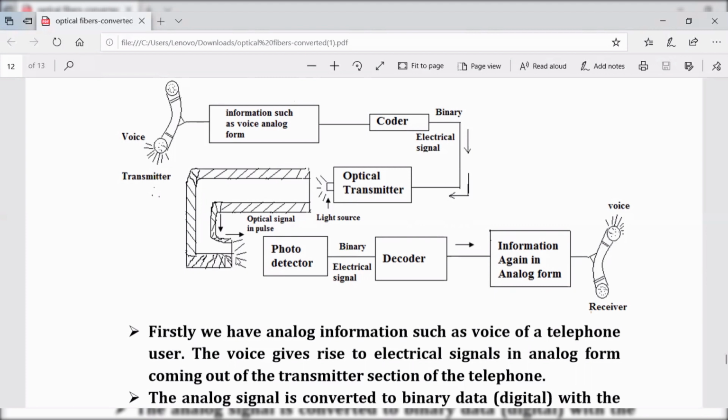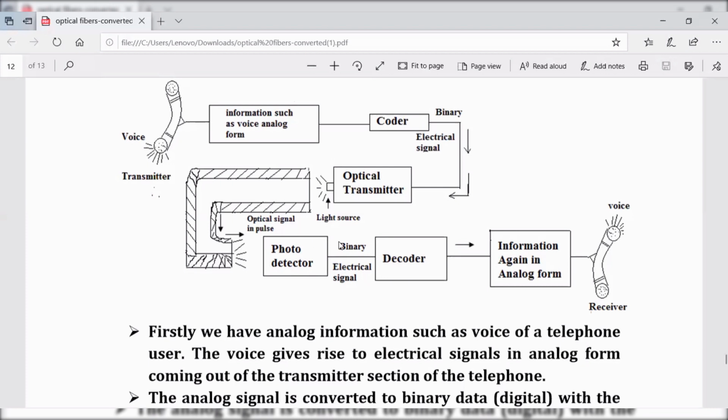Now, this optical signal from the receiving end of the optical fiber is fed to a photodetector, which converts this optical signal back to the electrical signal, in the digital or binary form.